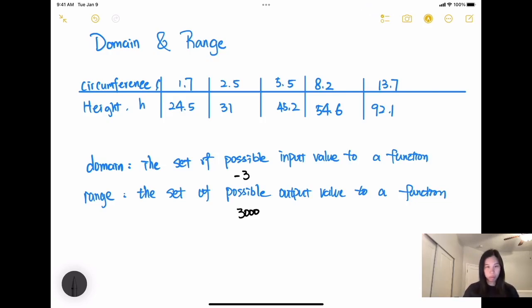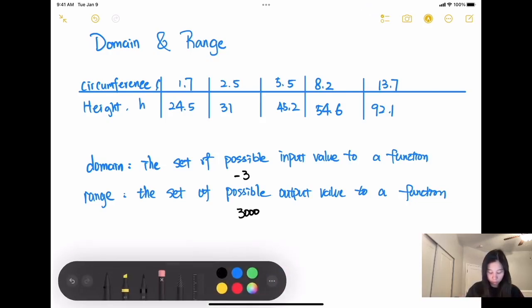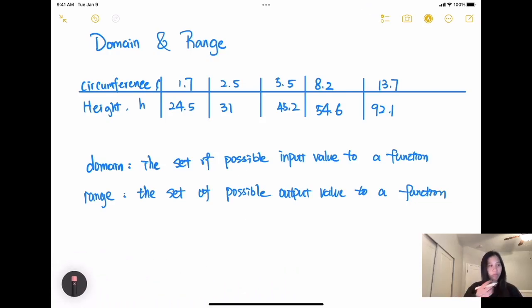of the function of the tree height. Okay, so for the domain, the possible values for the input of the circumference, C, it doesn't make sense to have a negative value, right? So C has to be greater than 0.